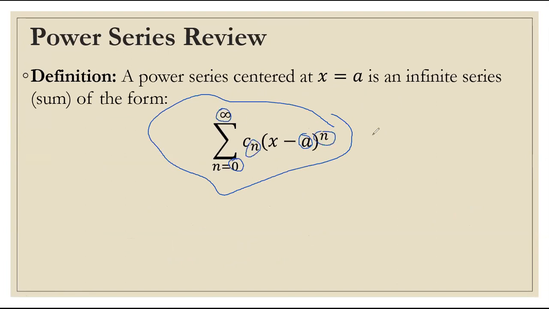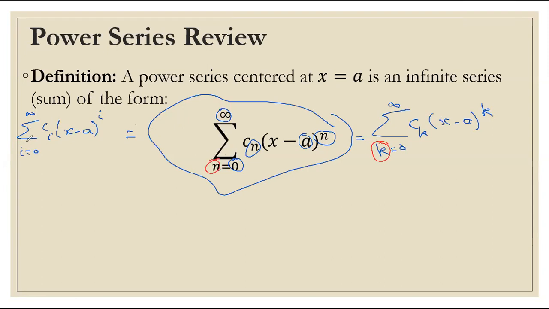By the way, this series is the same as the sum from k equals 0 to infinity of ck times (x minus a) to the power k, and the same as the sum from i equals 0 to infinity of ci times (x minus a) to the power i.